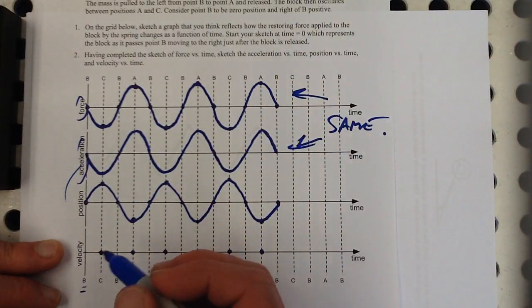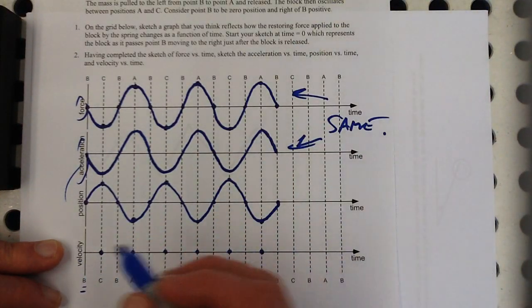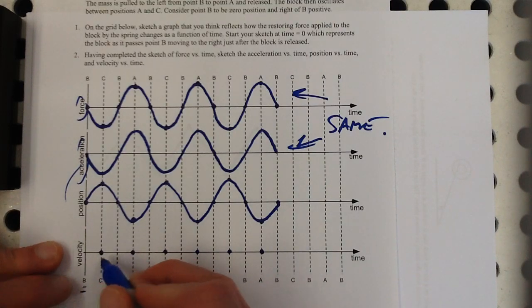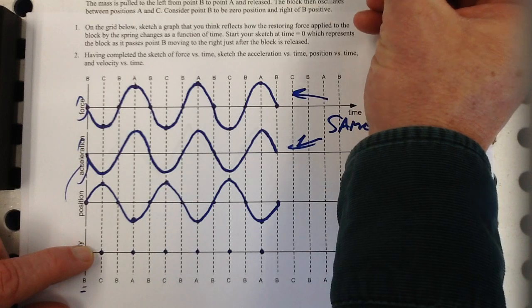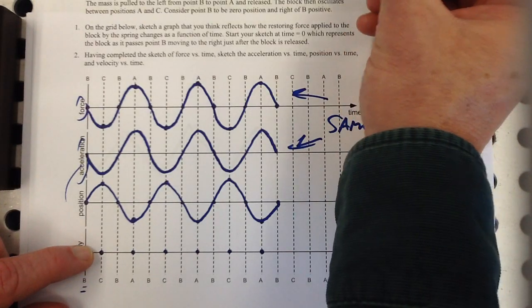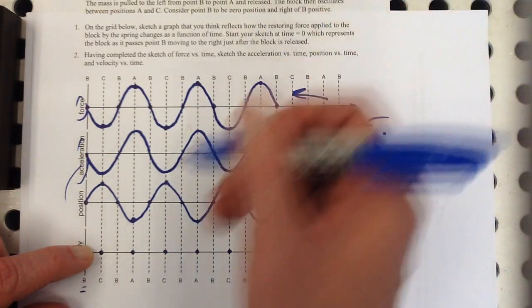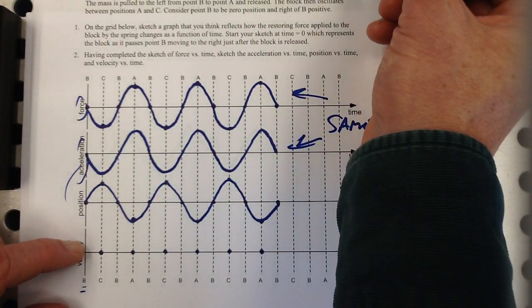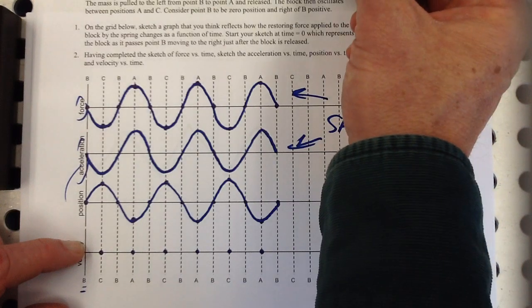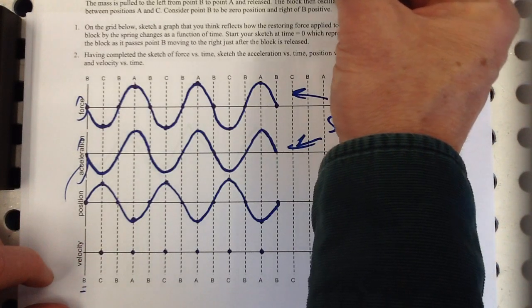Sorry, when it's at position C, let's go from here. When it's at C, headed toward B, it's going to go in the negative direction, right? Going from C to B is negative, and then from B to A is also negative.